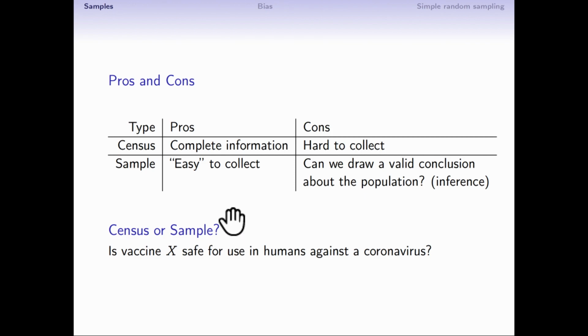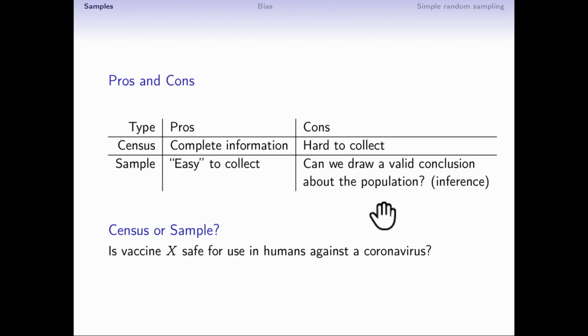So when I say easy here, I'm simply saying it's easy to query the sample to get the information you want. There still might be a good bit of hard work in making sure that that sample is representative and large.